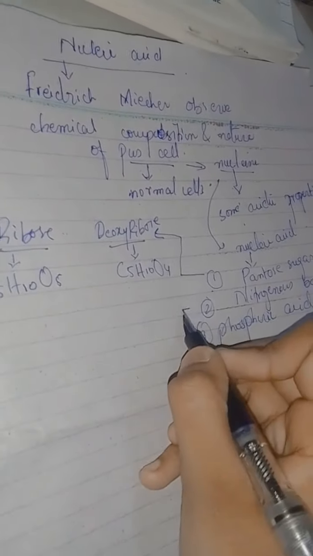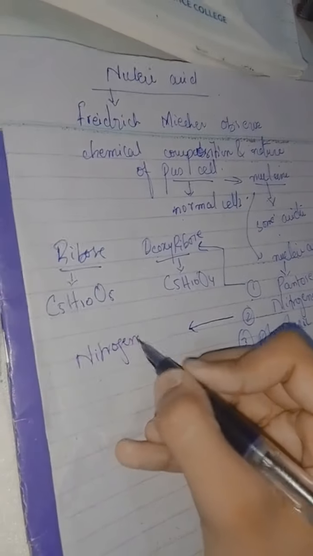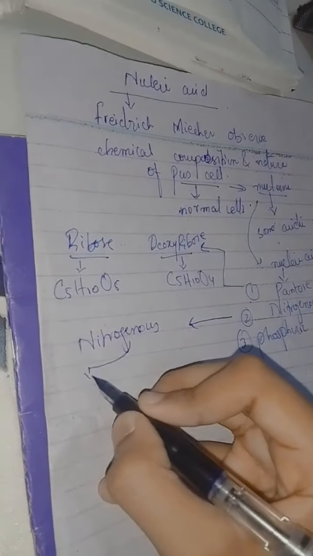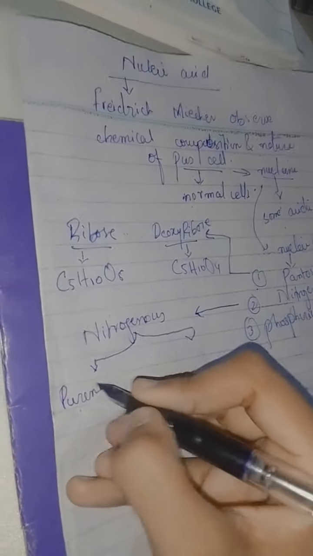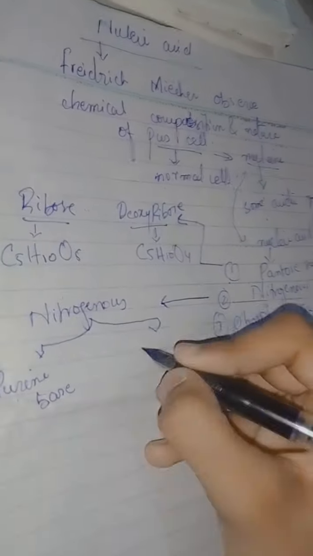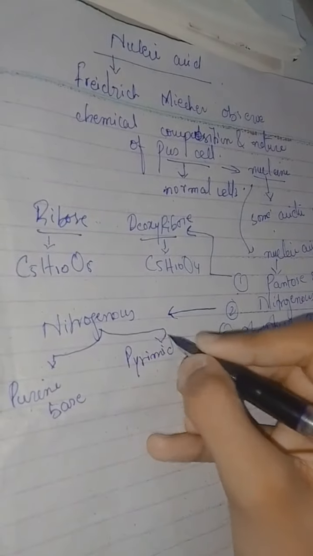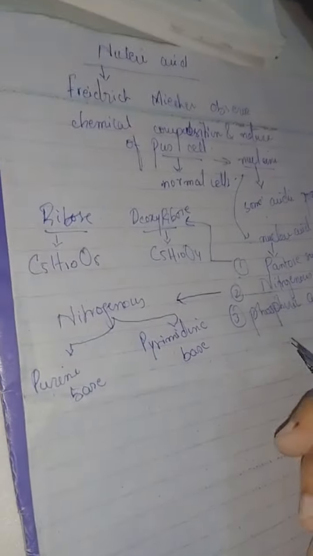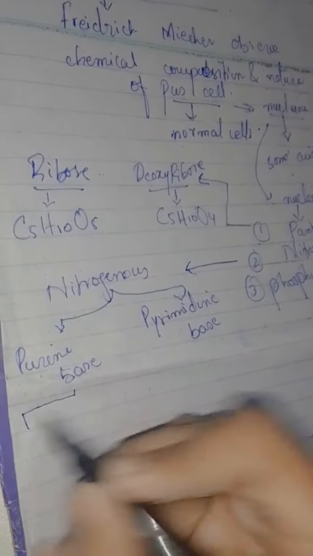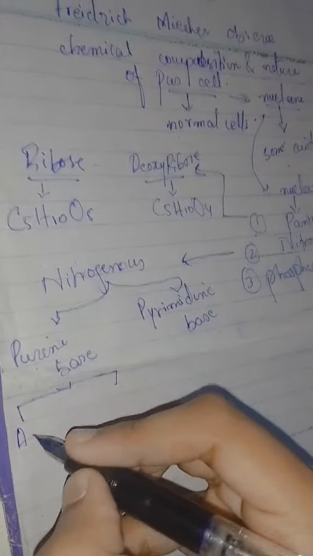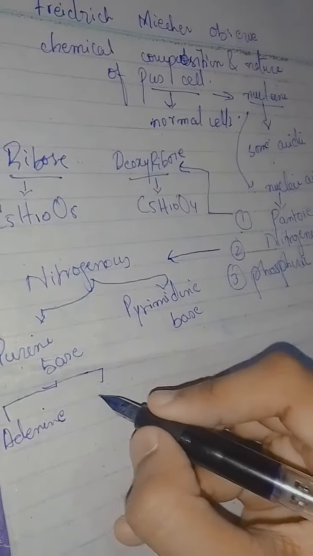Then he studied further about the nitrogenous bases. Nitrogenous bases are divided into two types. First is purine base, and second is pyrimidine base. Basically there are five different bases: adenine, guanine, cytosine, thymine, uracil. Purine bases consist of two bases, adenine and guanine.